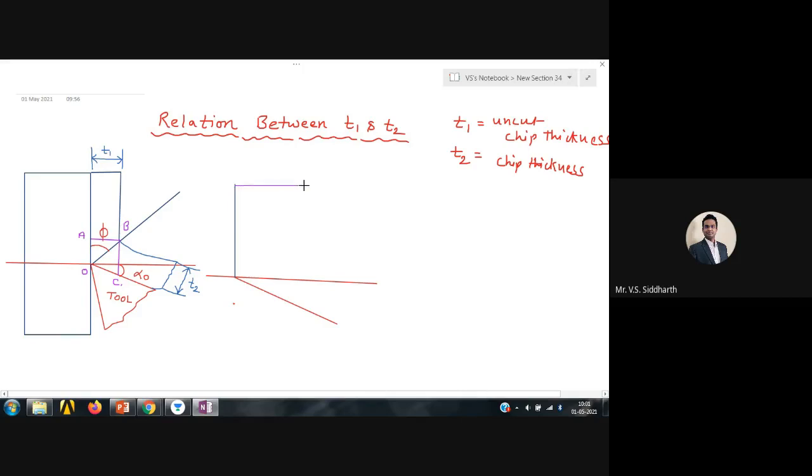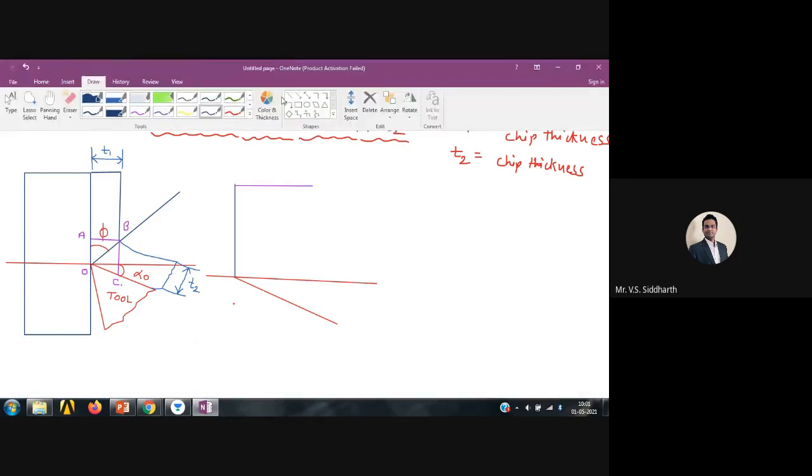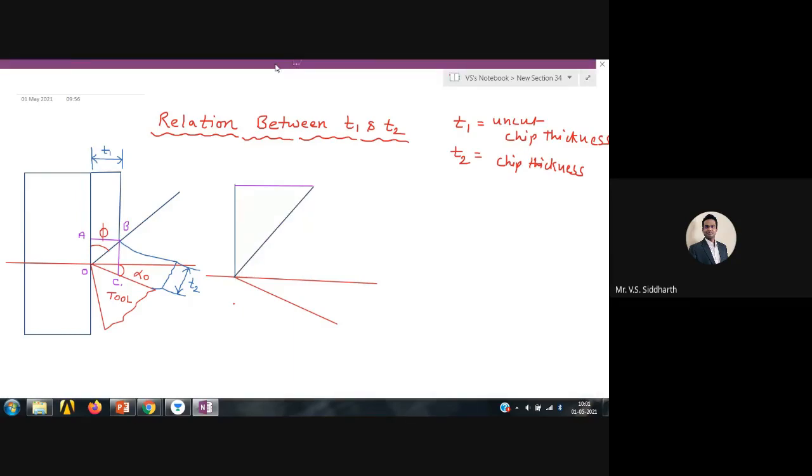This is the AB line. This is the OB line. And this is the BC line.